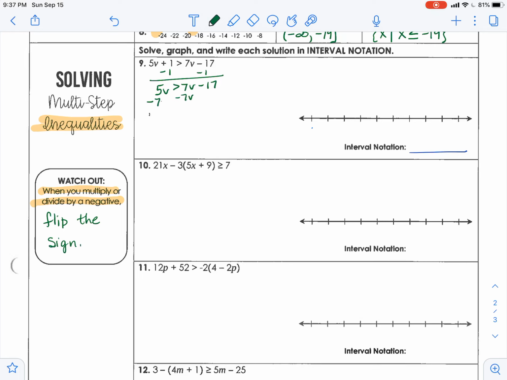And guys, one of the things that I do, especially with inequalities, and you don't have to, but I think it works better because of the way your signs are and not to mix you up, is to always move variables left. It's going to help you on not having it flipped around where you're trying to read it backwards. So negative 2v is greater than negative 17.